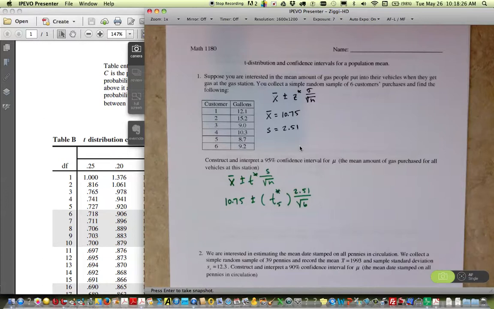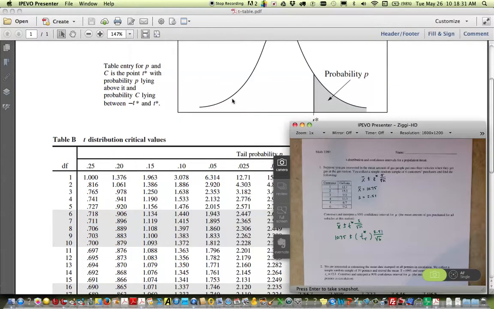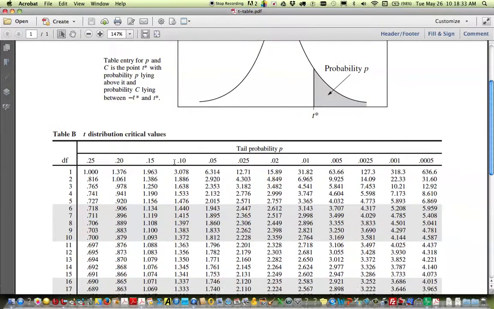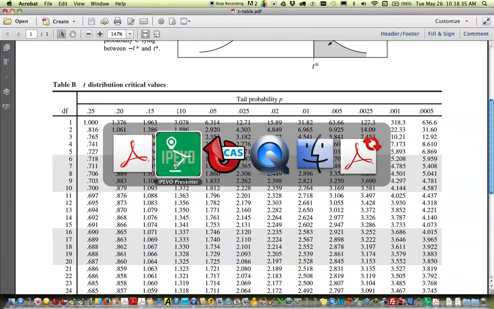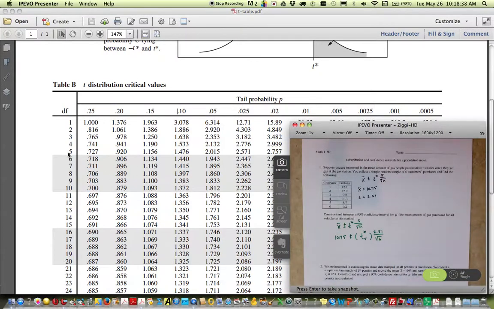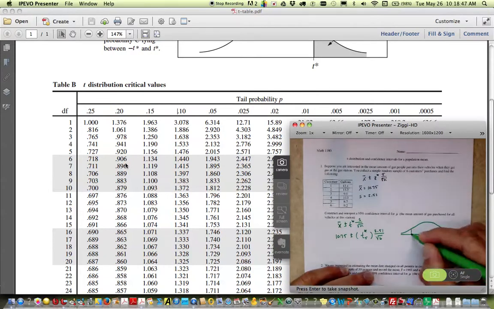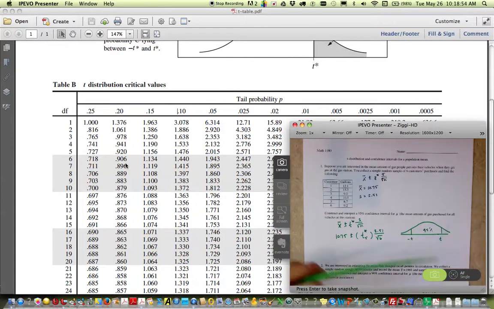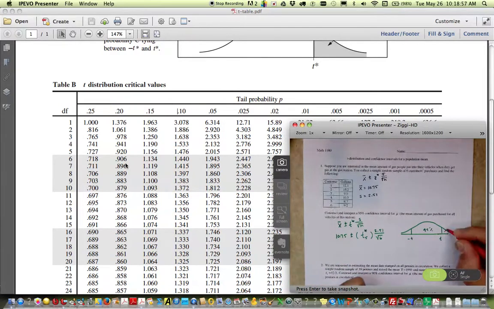So to do that, let's go back to our table, and we're looking for 5 degrees of freedom, and we're looking for that t value that cuts off the middle 95% in between, which means that this upper tail is going to be 0.025.